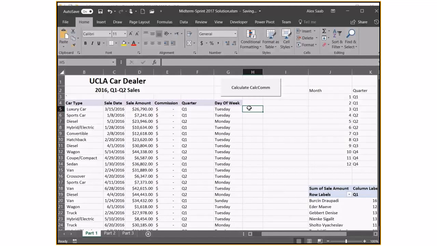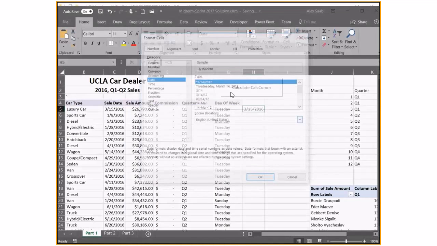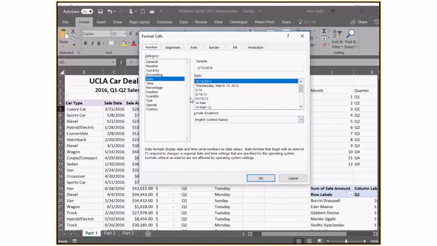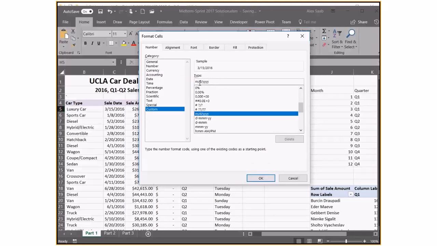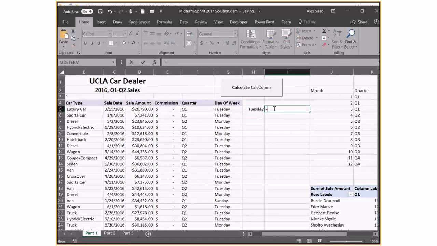Another way to do it is to use this date, but you custom format it to show the day only. Three Ds gives you the abbreviation and four Ds give you the full name. That's simple. Another way, with exactly the same logic, is to use the TEXT function.